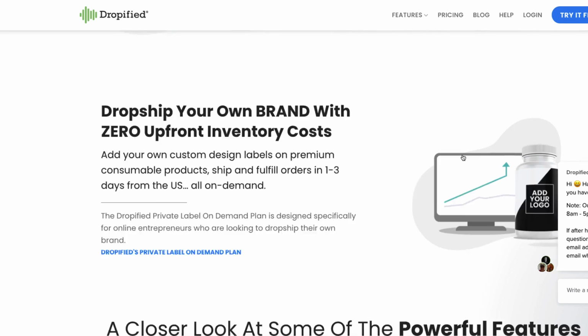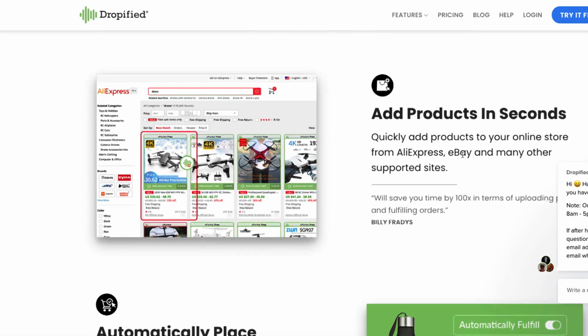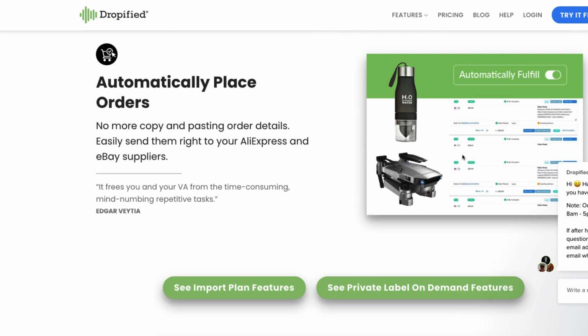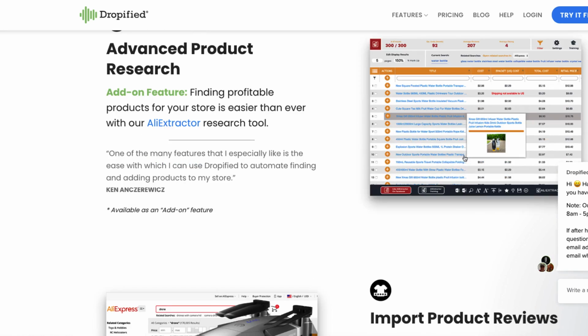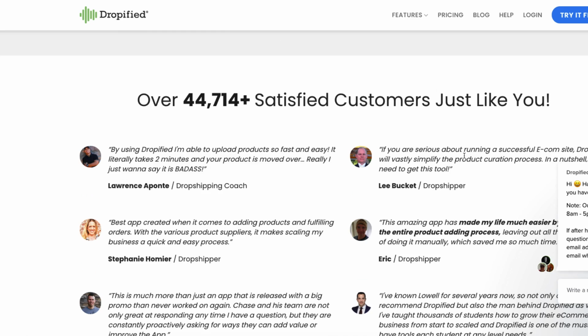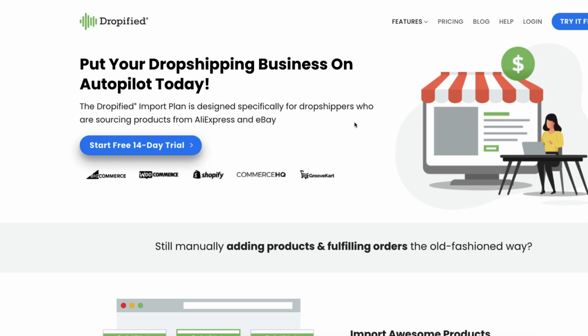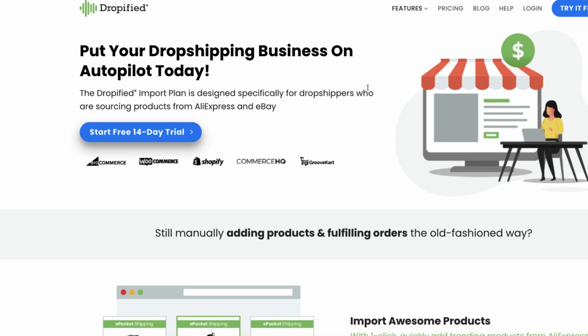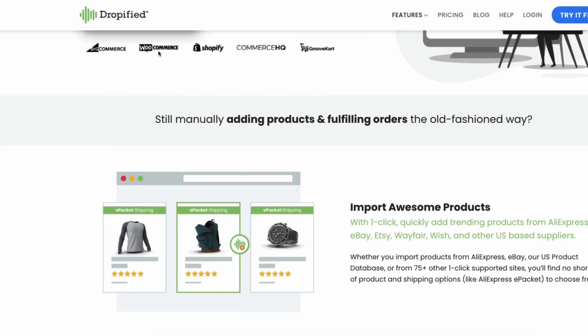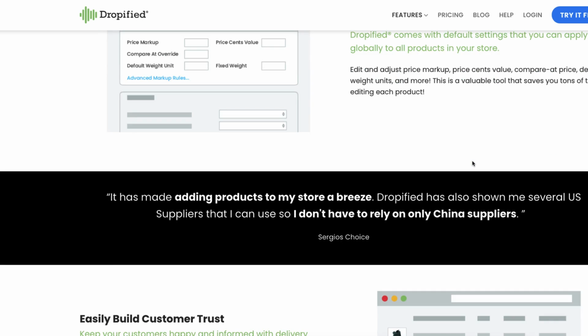And one of those, a big thing for me, is I can import products from dozens of different places. So right here on the import plan, you can see that it integrates with WordPress, BigCommerce, WooCommerce, Shopify, CommerceHQ, and GrooveCart.